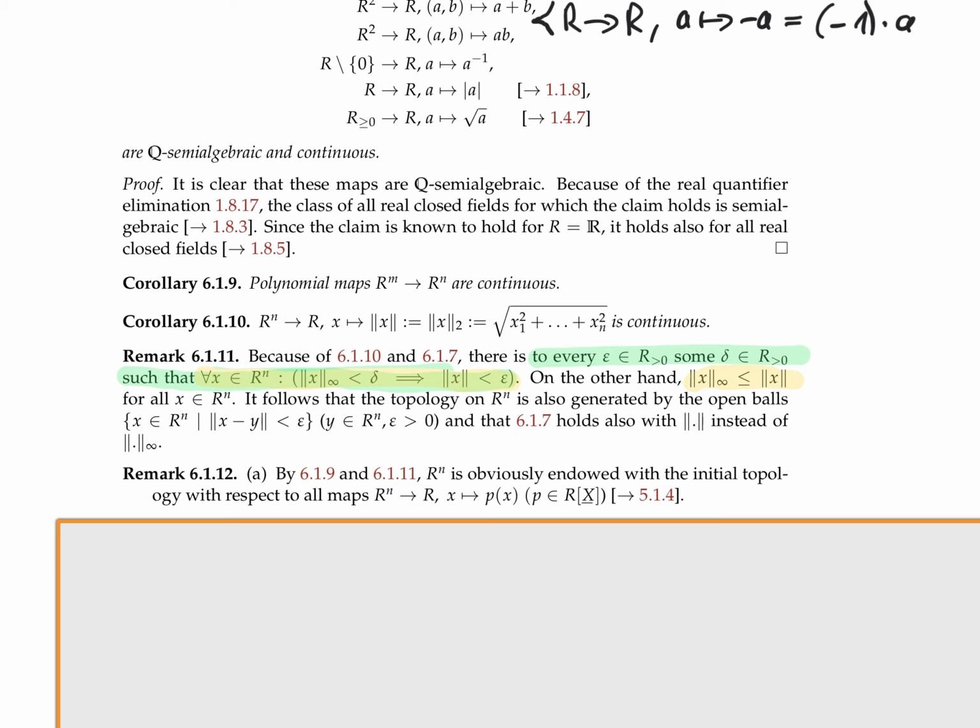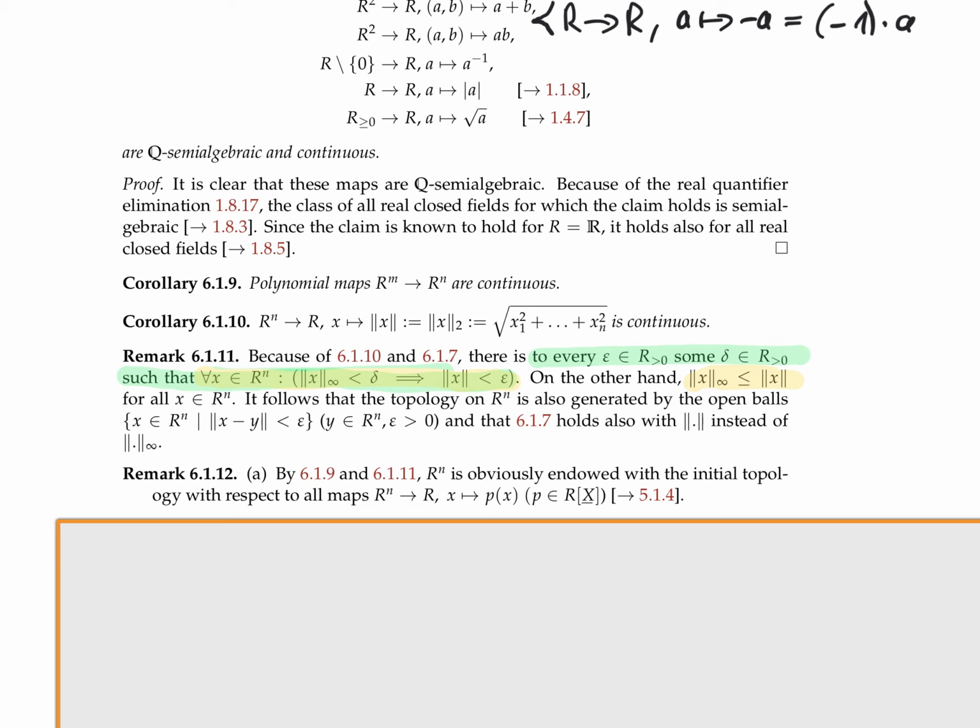So now I claim that R2n is endowed with the initial topology with respect to all maps of this form. So these are just maps represented by polynomials, so polynomial maps into R. Well, it's endowed with what we know by the definition.